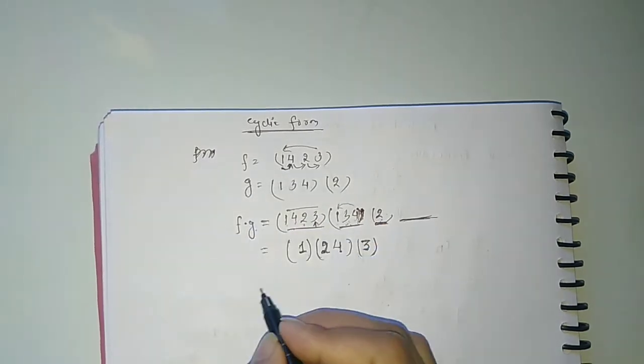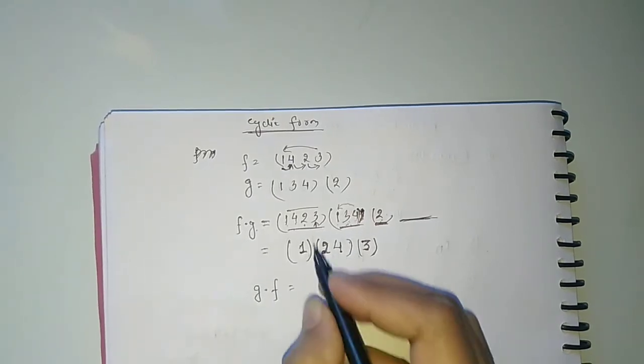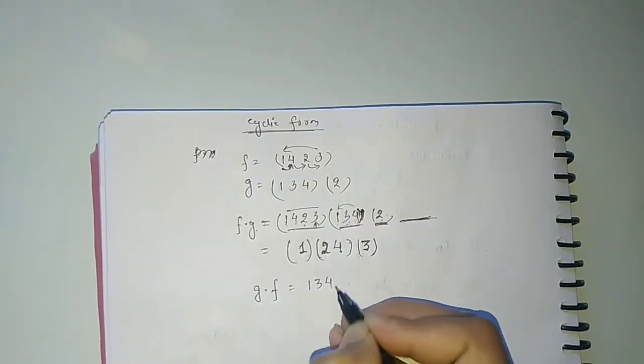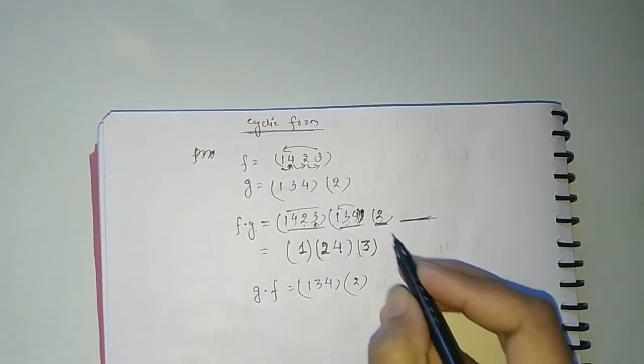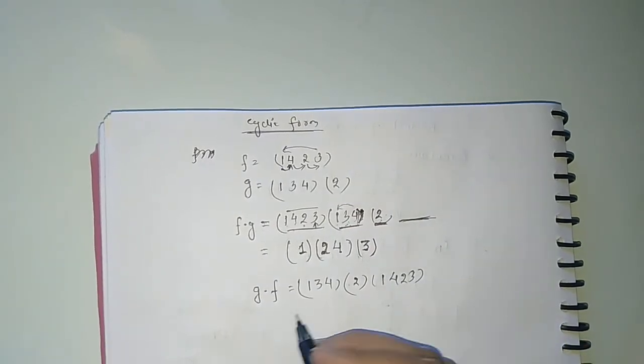Also if we want to find the product of G into F, then first we write as it is 1 3 4 2 and 1 4 2 3.